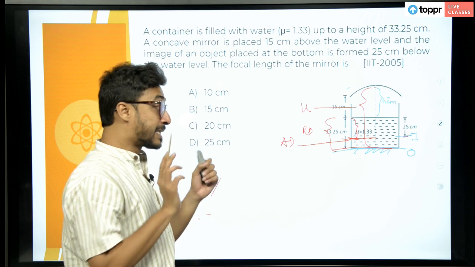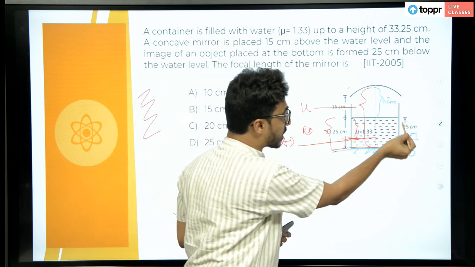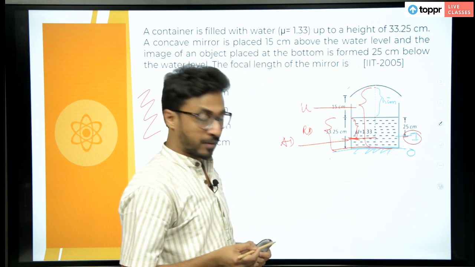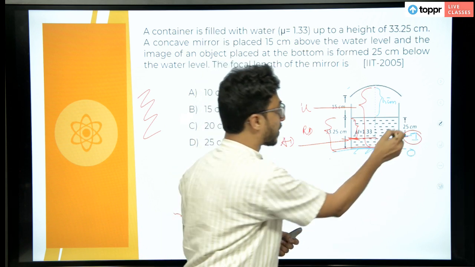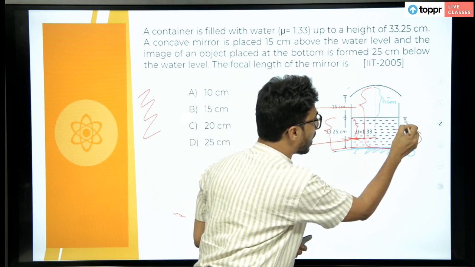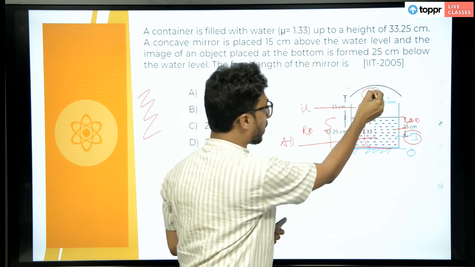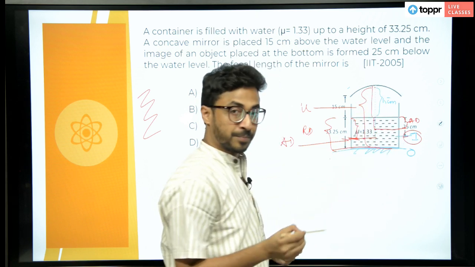Similarly, the image distance: say this 25 centimeter is the real depth of the image. If you calculate the apparent depth of the image, it will be somewhere here. Then the image distance will be 15 plus this apparent depth, right?